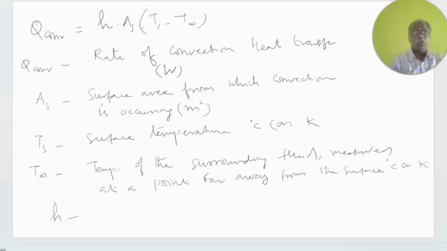Now what is H? The unit of H we can work out very easily. Take this equation: Q convection is equal to H into As into Ts minus T infinity.